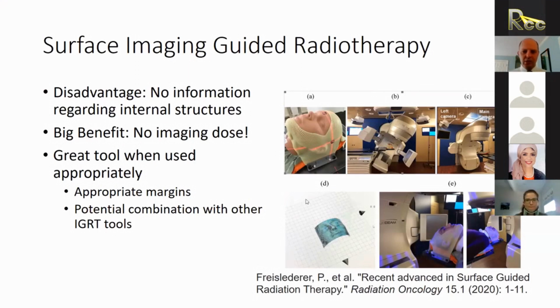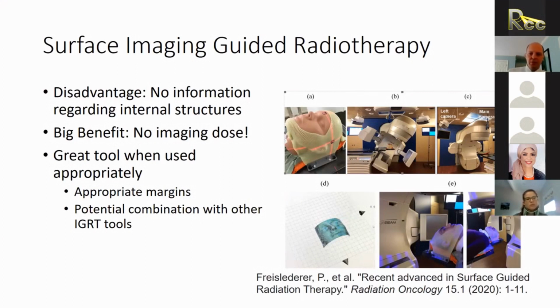So this is a great tool to keep in mind if it's available, especially given the benefit of no imaging dose. It can be used not just at first fraction, but for every fraction, and throughout the fraction to make sure the patient hasn't moved. So it's a great tool when it's used appropriately.